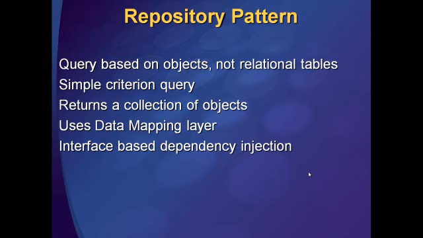For example, if I want the customer whose ID is 4, the operator would be ID and the operand would be 4. The query method returns a collection of objects. The repository uses the data mapper in its implementation. Again, an interface is passed into the customer repository constructor using dependency injection, so we are not assuming any particular data mapper implementation in our implementation of the repository.